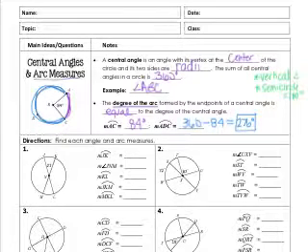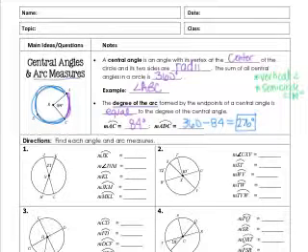So as I'm looking at these problems, I always want to start with, what do I see? Okay, so I see that I have a circle. I see that JL is a diameter, and I see that KM is a diameter. I also see that JNK is a central angle, and it's 21 degrees. Alright, so once I've looked for everything I see, what can I infer?